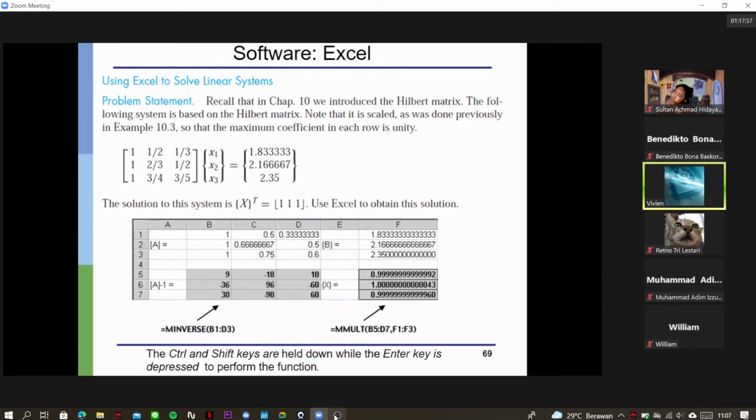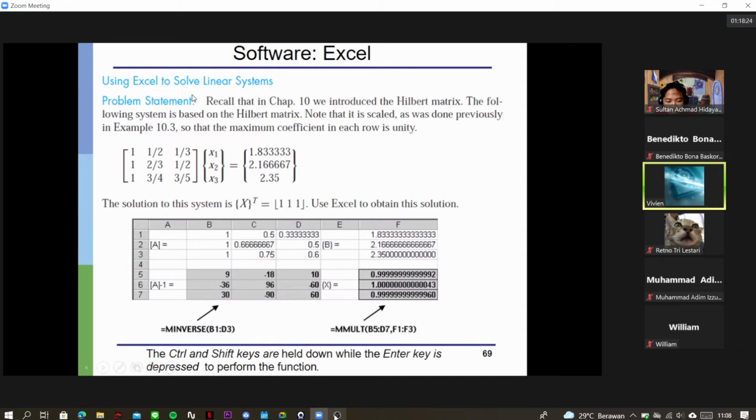So that's about the solution of sets of linear algebraic equations. We have learned the basics of that, and we can also use Excel. This is the application of what we have learned. In Excel, you can also find the inverse of the matrix.